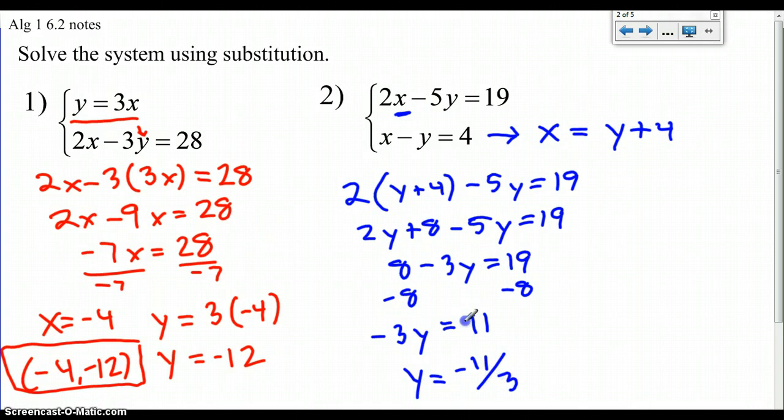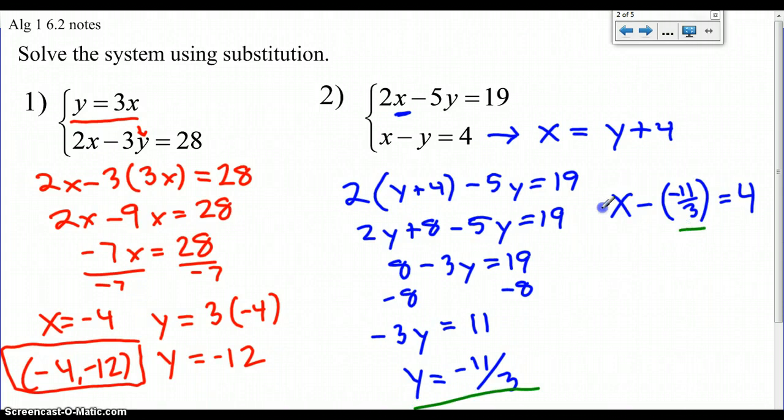Now this one's just a little bit uglier when I need to solve for x because I got that fractional value, but it's okay. I'm going to use the second equation again because I think it's a simpler equation. And I'm going to substitute. Instead of writing x minus y, I'm writing x minus negative 11 thirds. So this value from here goes to there instead of y.